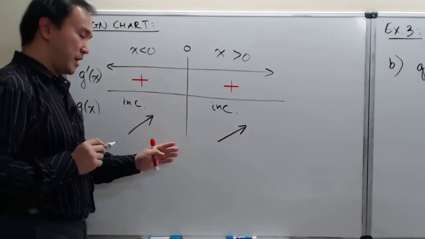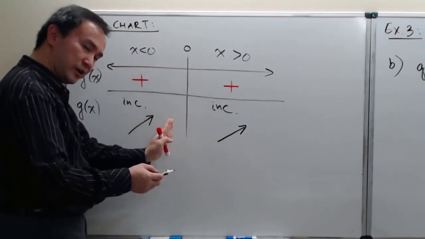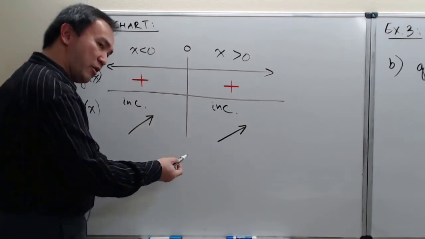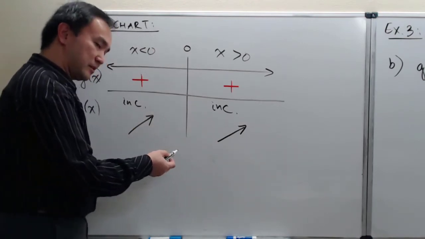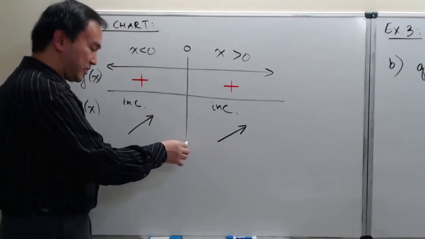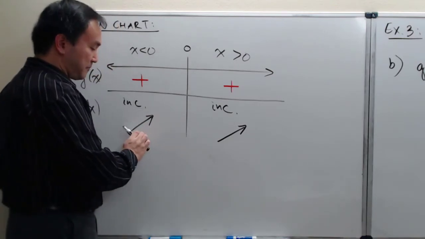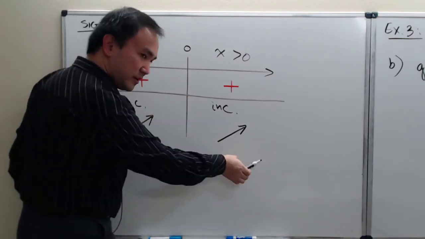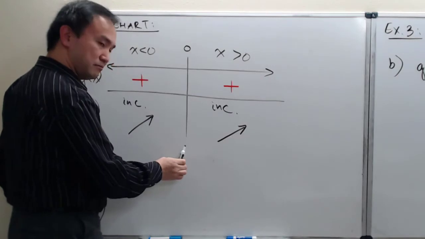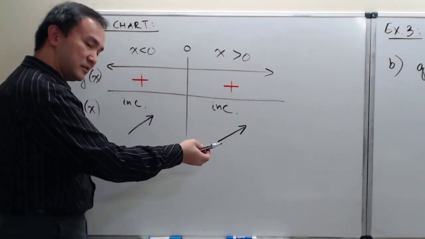Right now, x equals 0 is a critical value. However, is it a local maximum? No, because this place is not the switch. If it's rising and switches to decreasing, then it's a maximum. Or if it's decreasing and switches to rising, then it's a minimum.